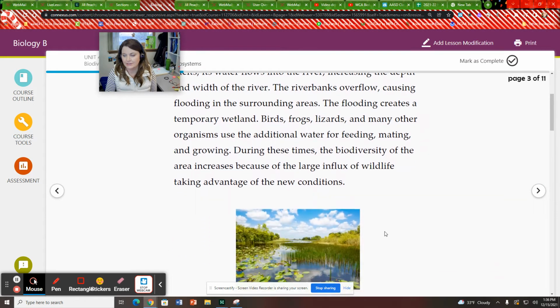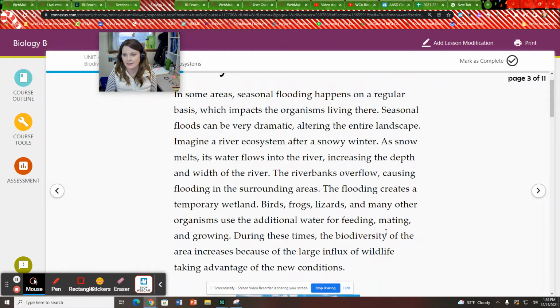Let's see here. So it says here that some changes happen routinely and regularly, more cyclically, if you will. Seasonal changes happen every season, so they happen in a cycle. They change the landscape, and we see that in Wisconsin, right? Very different in summer than in winter.